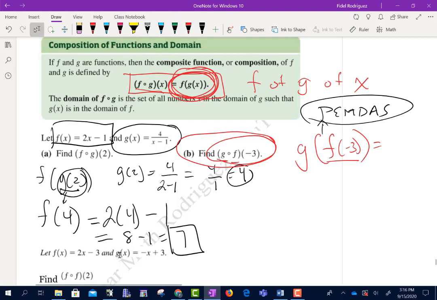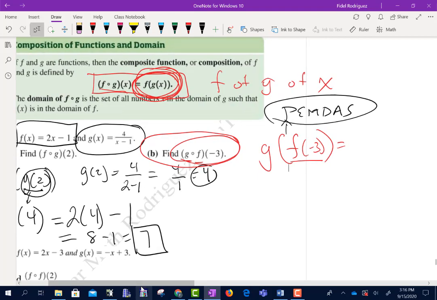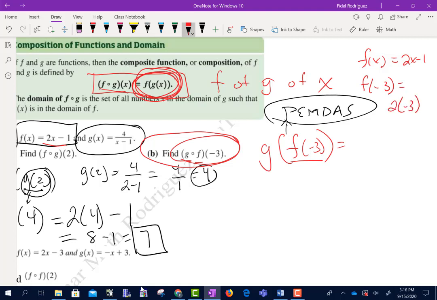So I'm going to move over to the right a little bit where I have some more room. I know my function f of x is right here, 2x minus 1. So if I'm going to find f of negative 3, that's going to be 2 times negative 3 minus 1. That's negative 6 minus 1, which is a negative 7.